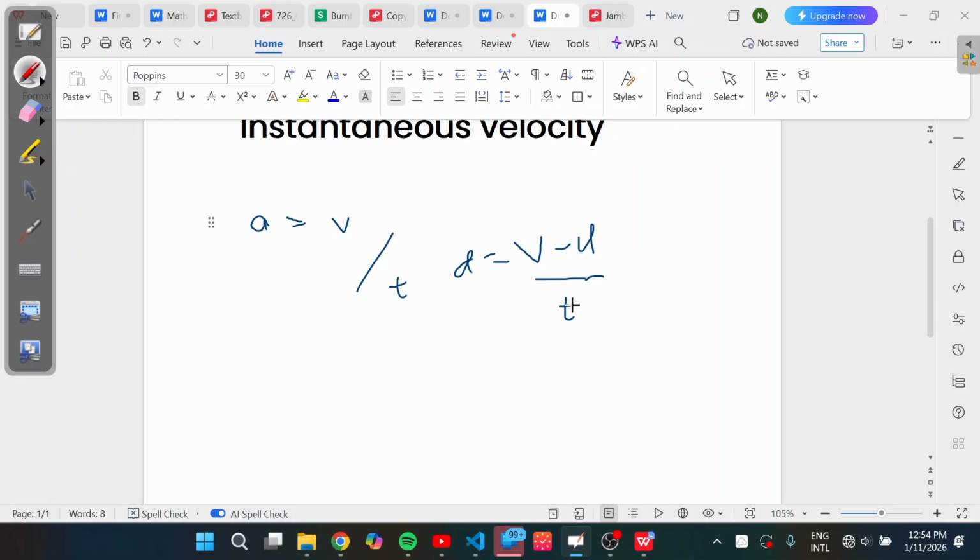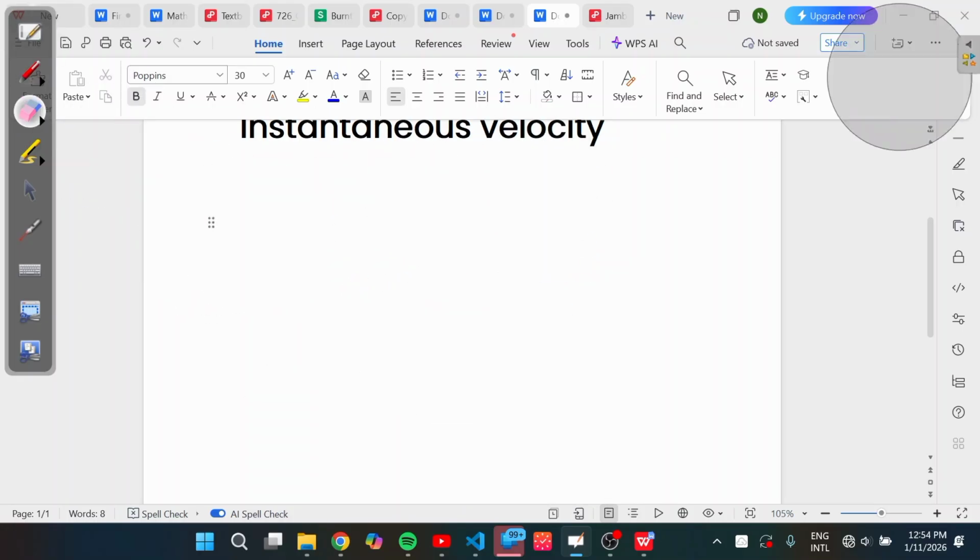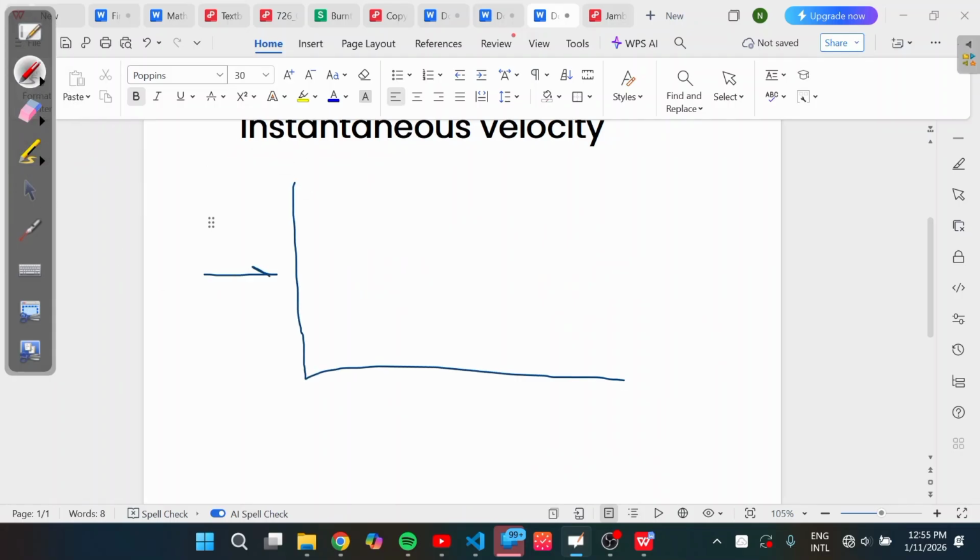Now we can also have a velocity time graph in which our final answer would be acceleration. Okay? The acceleration is the gradient. Let me actually show you how the velocity time graph looks. So it's like this. At this point you will have velocity and here you're going to have the time.